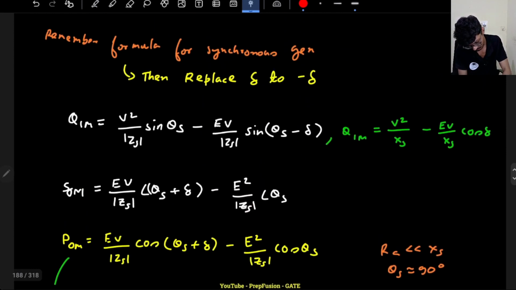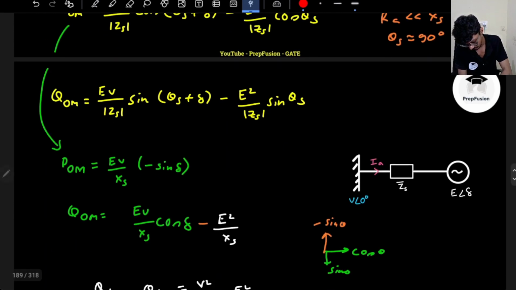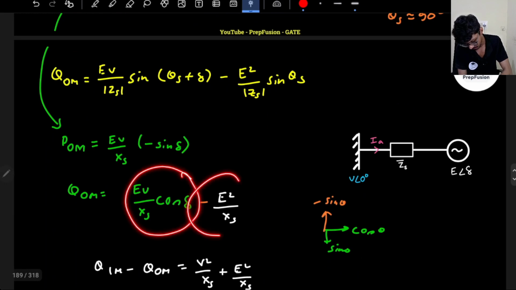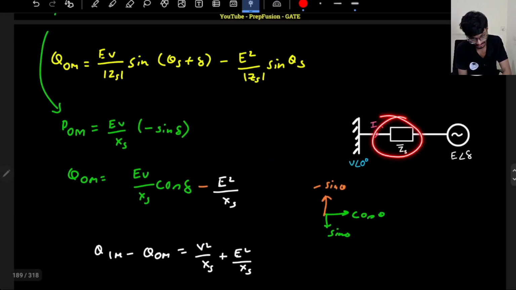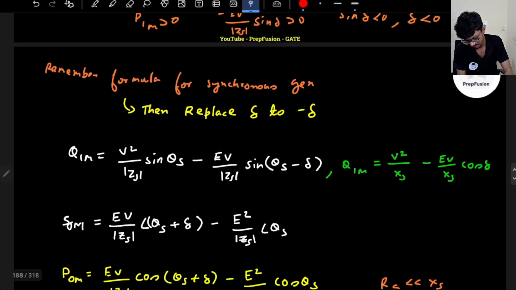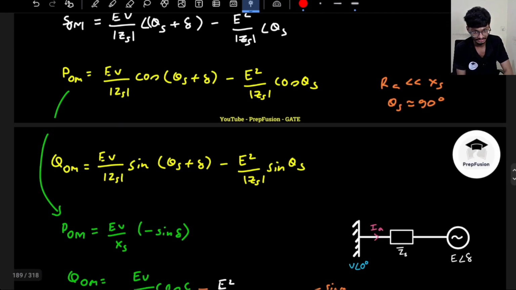Just quickly want to cross verify this. Yeah, EV cos delta will get cancelled. Minus E square by X square will be remaining here. Yes, so this much amount of reactive power will be lost here. I hope everything is clear according to this. So you don't have to worry that much.